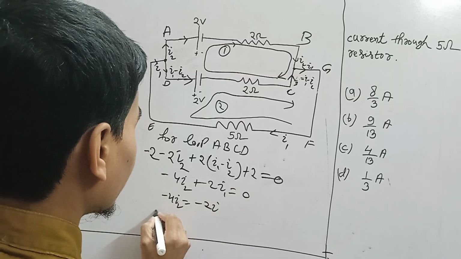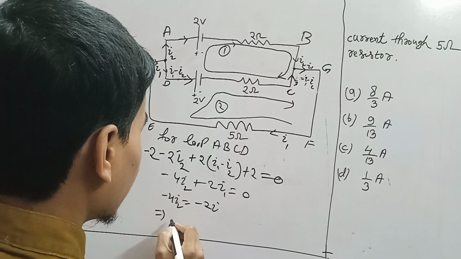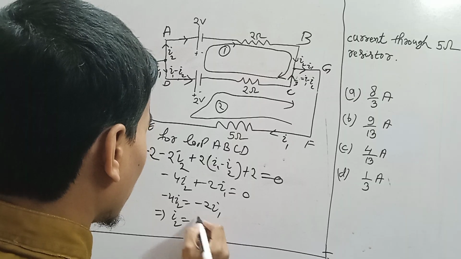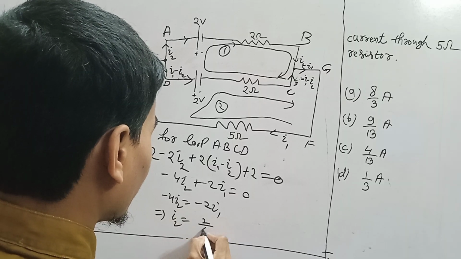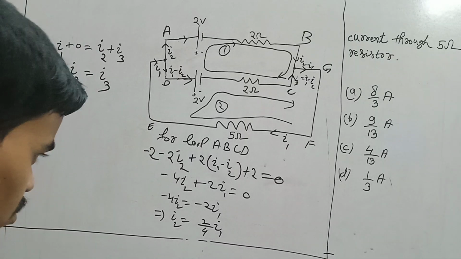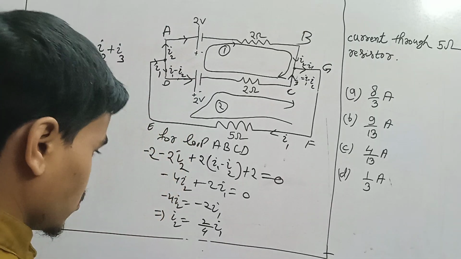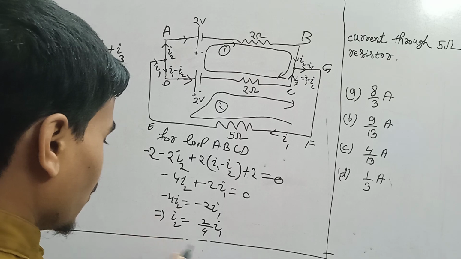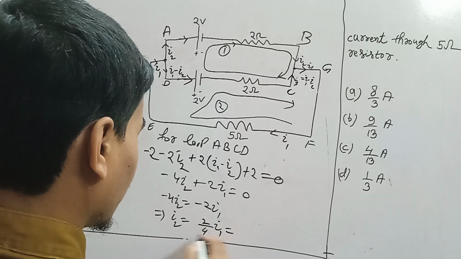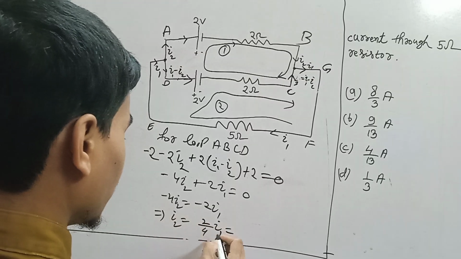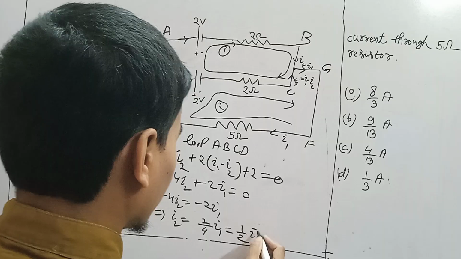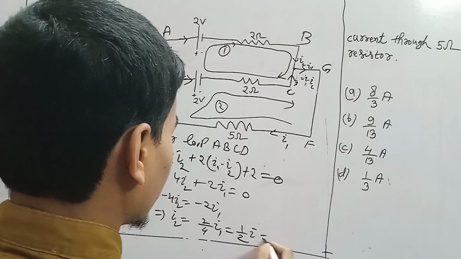The minuses will cancel, so I2 equals 2 upon 4 of I1, so I2 equals half of I1. This is I2.